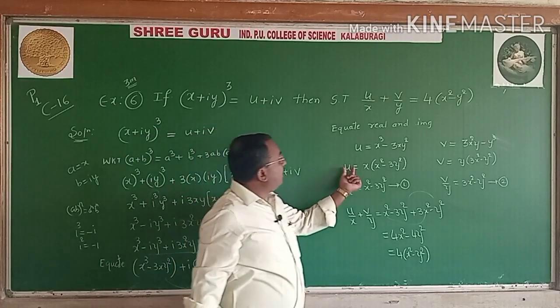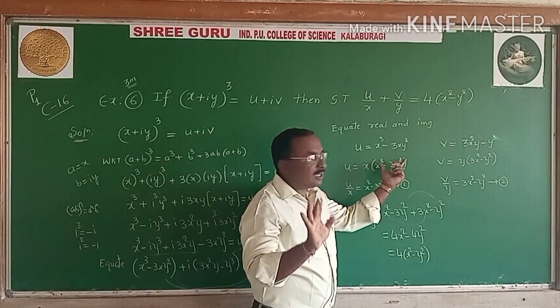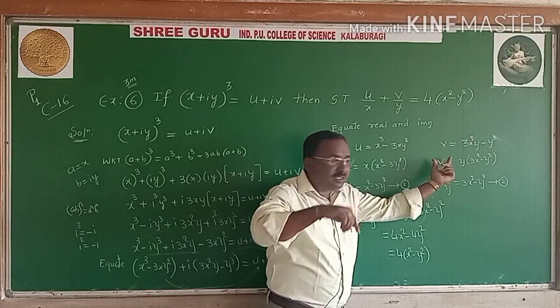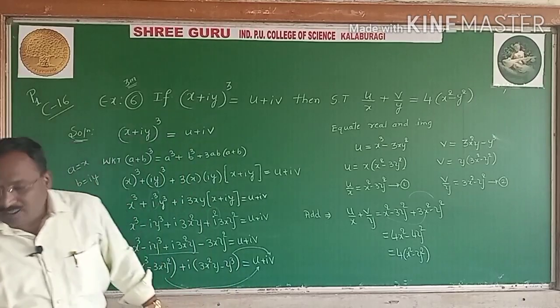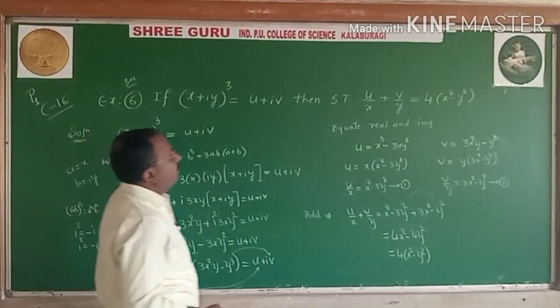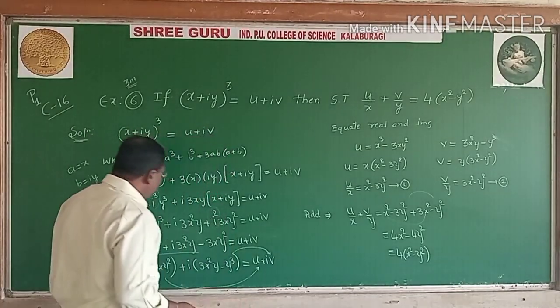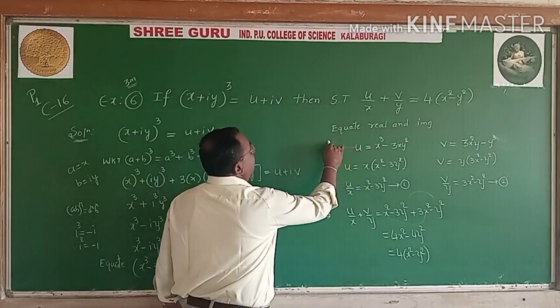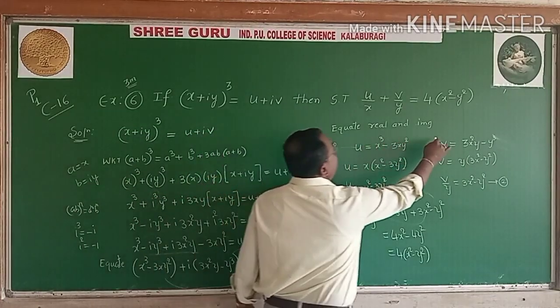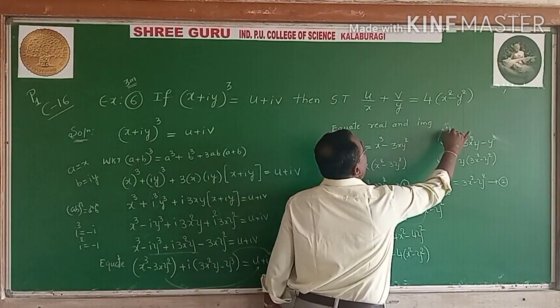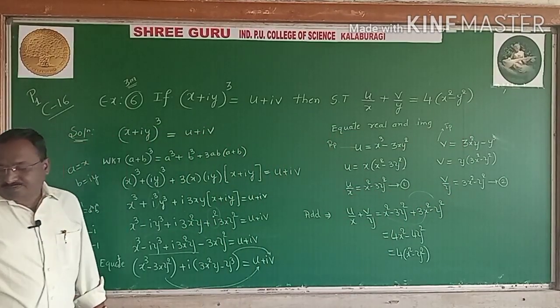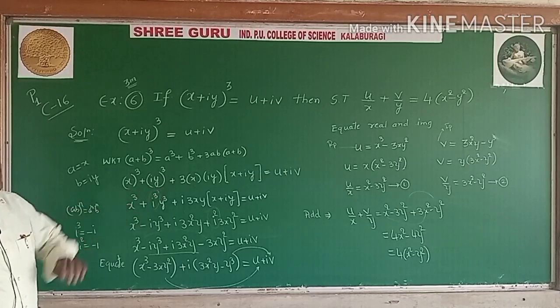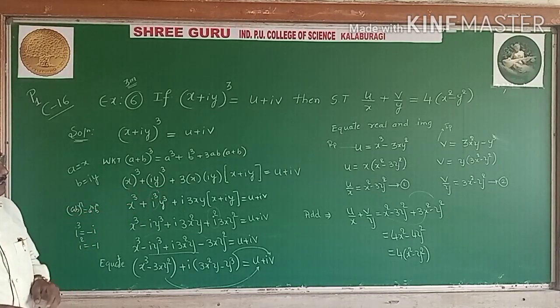The reason is that the real part is without i and the imaginary part is with i, so separate that part. Understood? In this place u is the real part and v is the imaginary part. Separate the real and imaginary parts, and at the last add them, and we will get the answer.